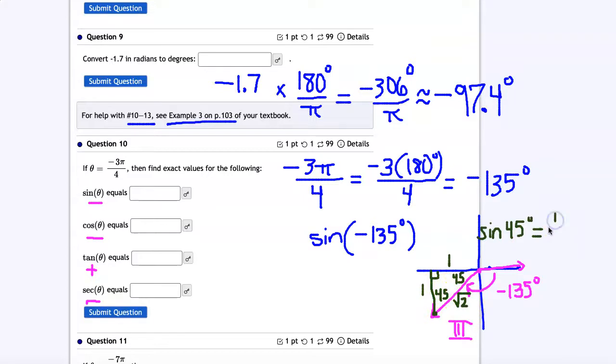So 1 over root 2, which will simplify to root 2 over 2. This is the longest way ever to get to your answer.